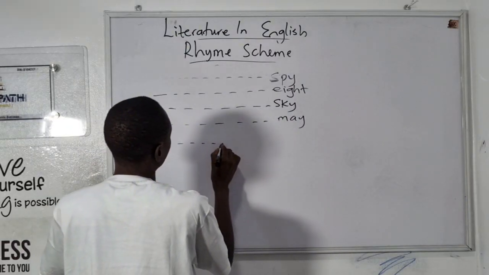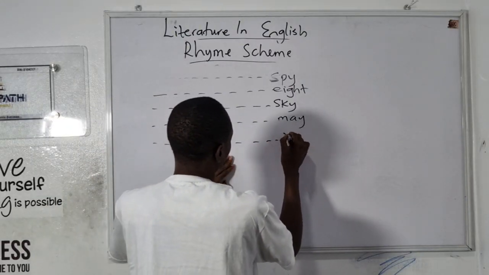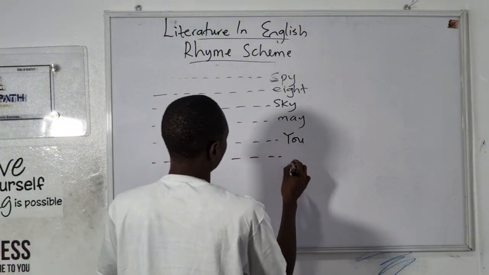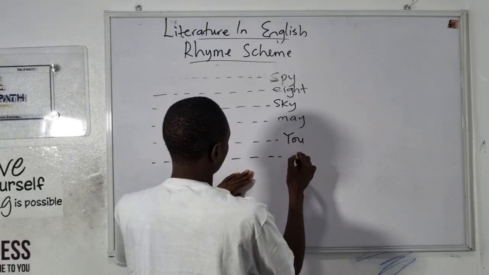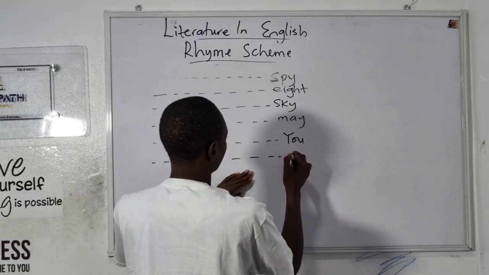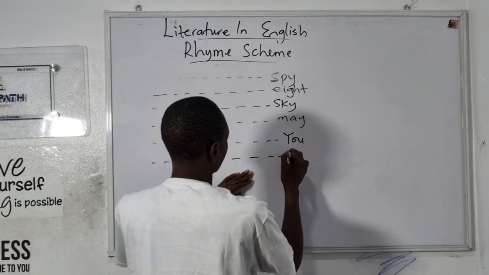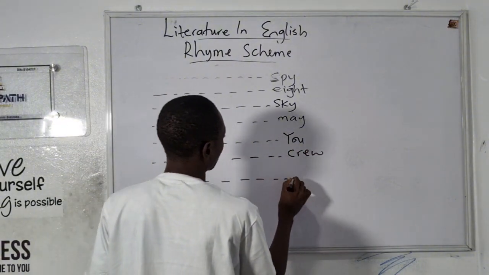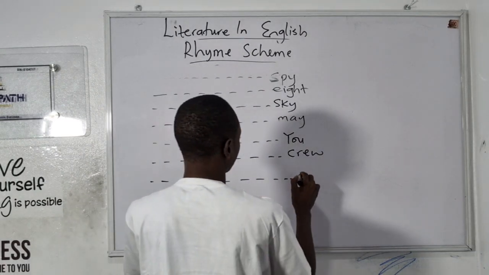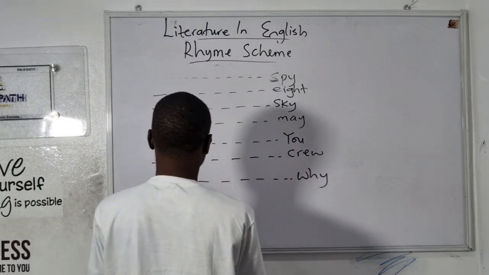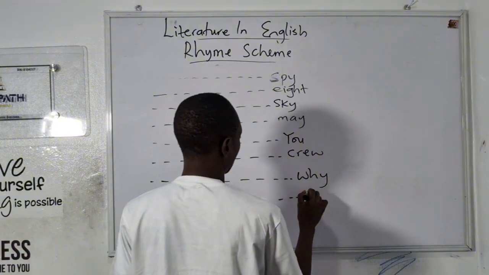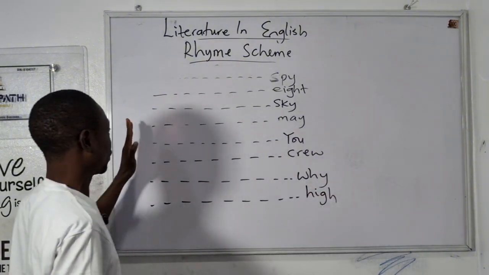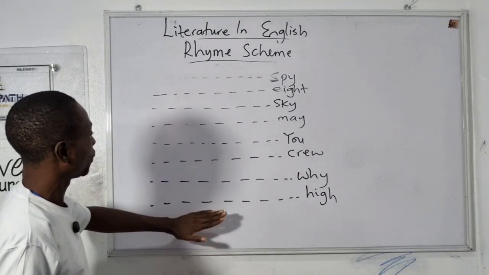In the fifth line, you have you, and the sixth line, you have crew. In the seventh line, you have why. On the eighth line, you have high. This is an assumption of a poem.